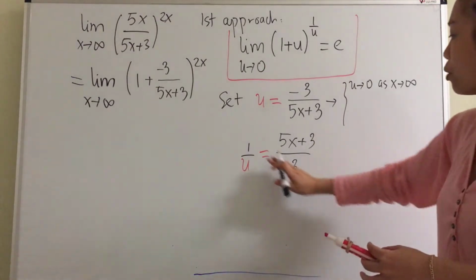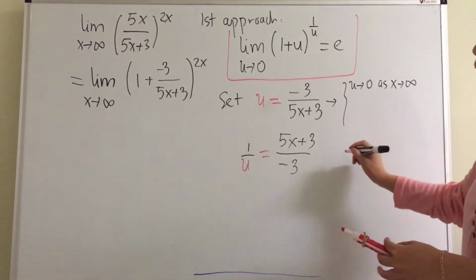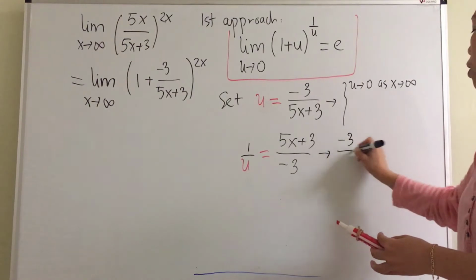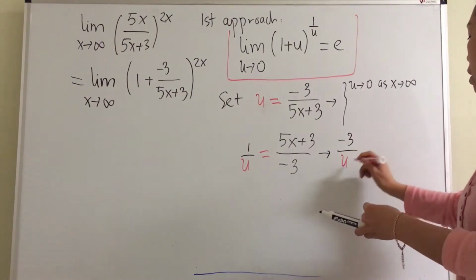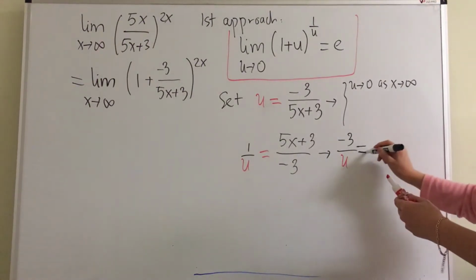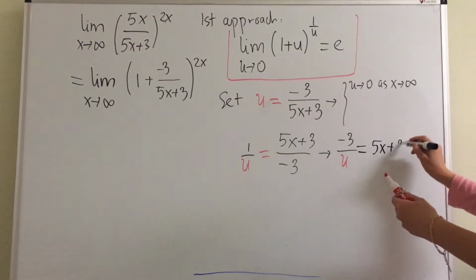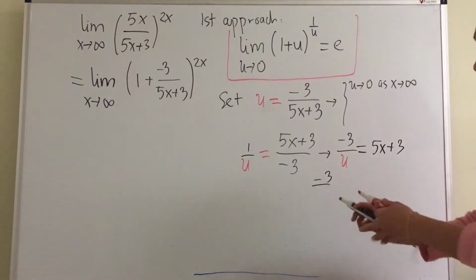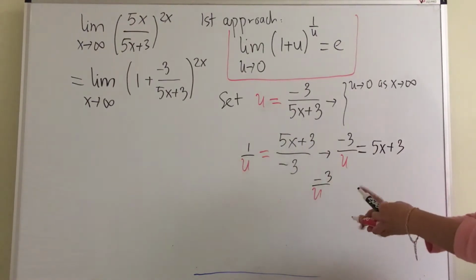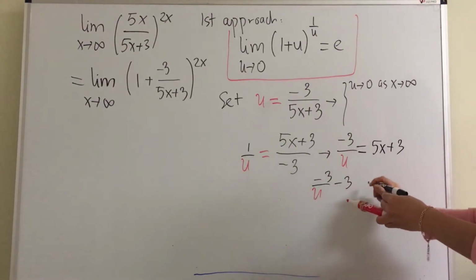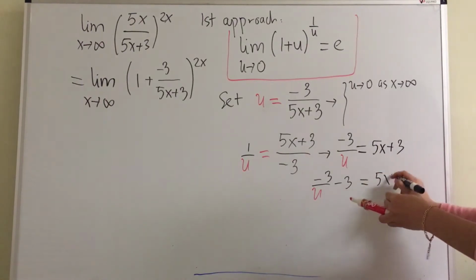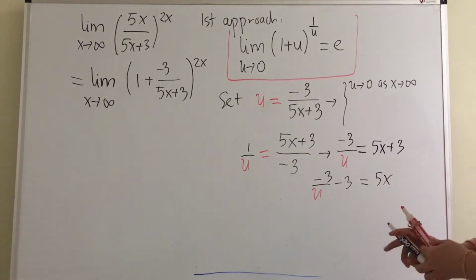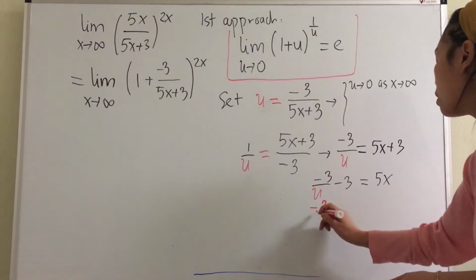And then if I multiply both sides by negative 3, I have negative 3 over u is equal to 5x plus 3. And then solve for x, so if I subtract both sides by 3, I get this is 5x, right?